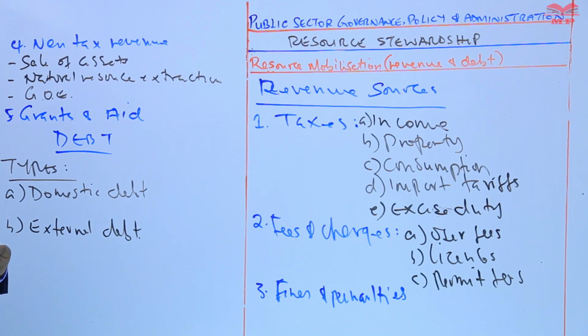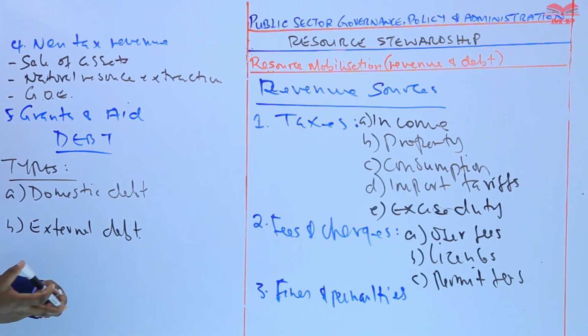So those are two challenges. Another challenge is sovereign risk. If a government's ability to repay debt is questioned, it can face higher interest rates and limited access to credit. That's what we're referring to as the sovereign risk.